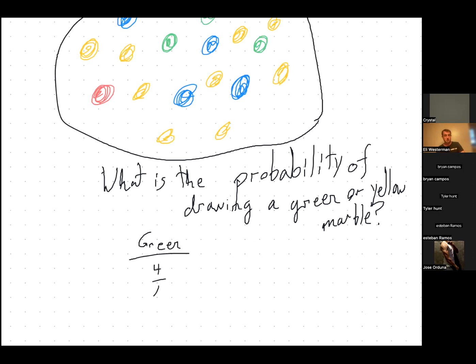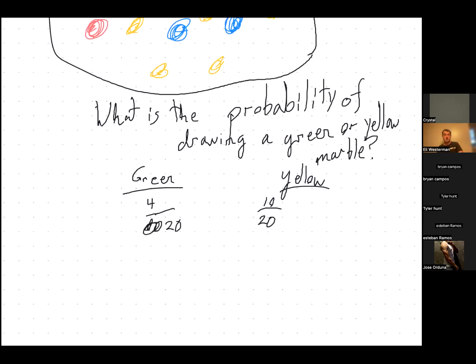Or sorry, 4/20. Probability of a yellow is 10 over 20. So since we want to know the probability of one or the other, we can add them. We get 14 over 20, and that divides by 2 to 7 over 10.